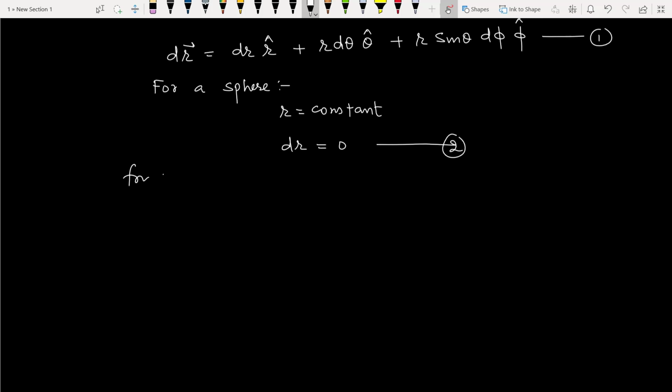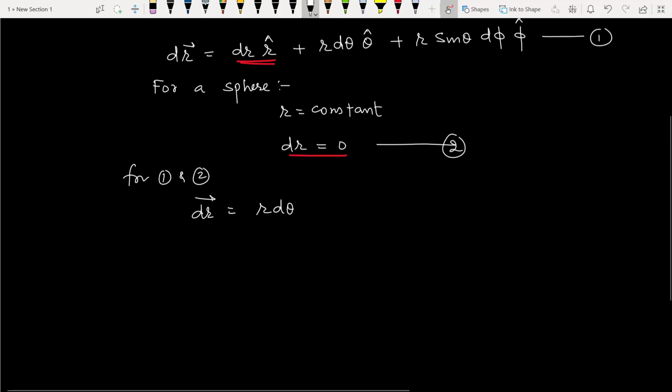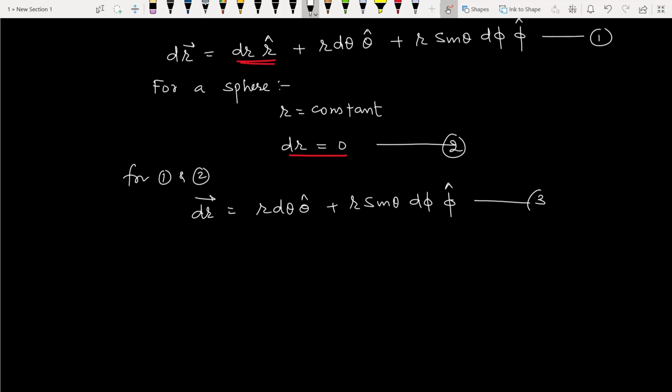So from 1 and 2, in the dr vector this term will be 0 as dr is 0, and we are left with the relation represented by equation number 3.